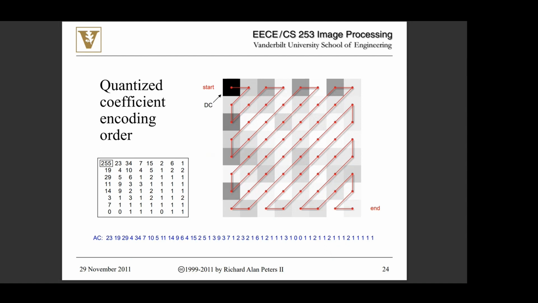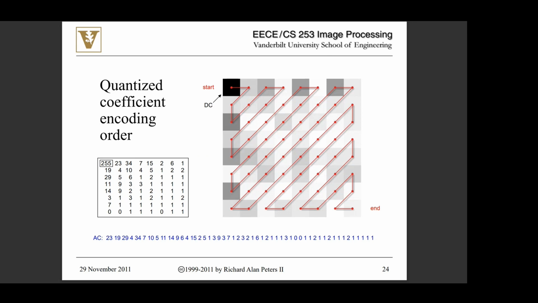Then we go to this one, this is 19, and then we go to this one, that is 29, and you go doing a zigzag on this DCT block. So in this list, because of this property that low frequency components tend to have more energy and have been less penalized, these numbers will tend to be larger than these ones.